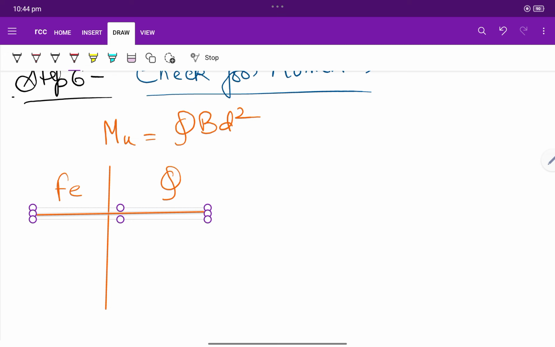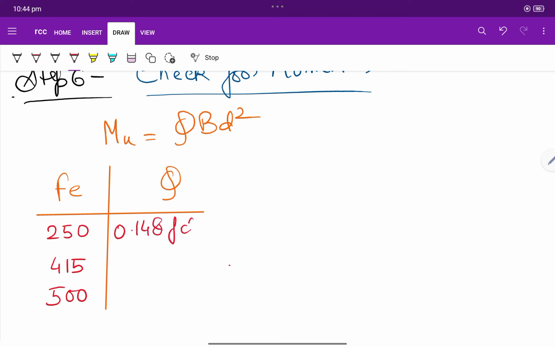Let me see the values for Fe 250, Fe 415 and Fe 500. For Fe 250 the value is 0.148 fck. For Fe 415 the value is 0.138 fck, and for Fe 500 the value is 0.134 fck. Okay, so these are the values of Q.